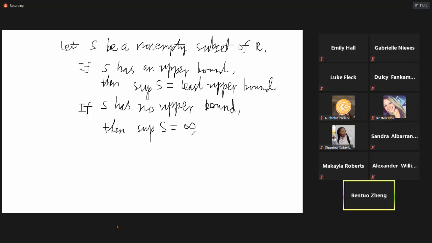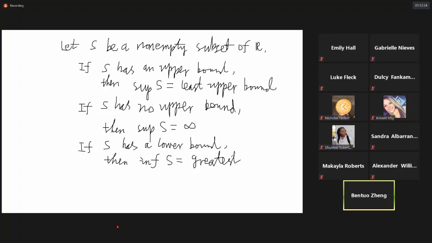Okay, similarly, we can define the infimum. So if S has a lower bound, then we write the infimum, inf, of S is equal to the greatest lower bound.